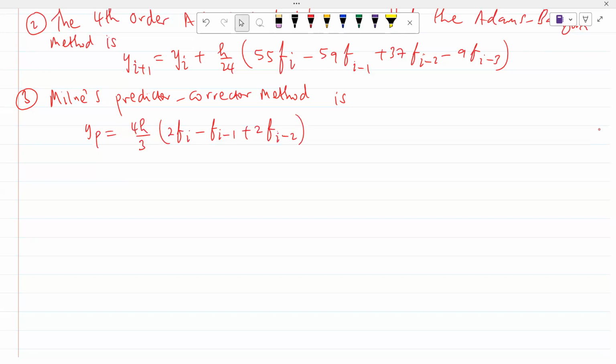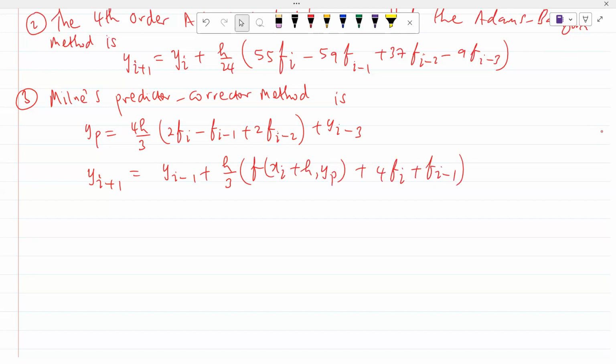Then y i plus 1 equals y i minus 1 plus h over 3 into f of x i plus h, y p, plus 4 f i plus f i minus 1.